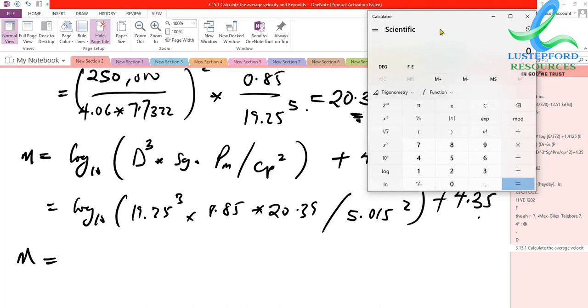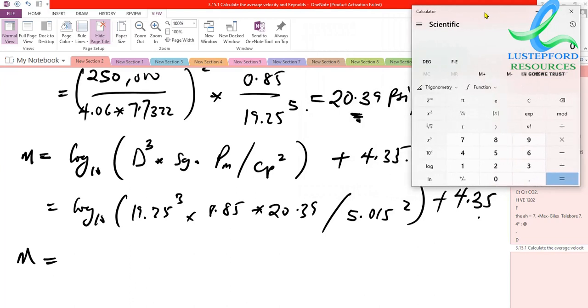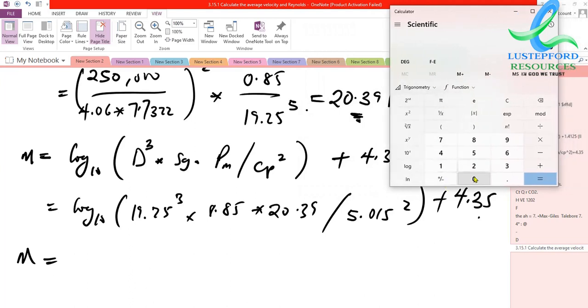We now have 19.25 raised to power 3 times 0.85 times 20.39 divided by 5.015 squared, equal to this.